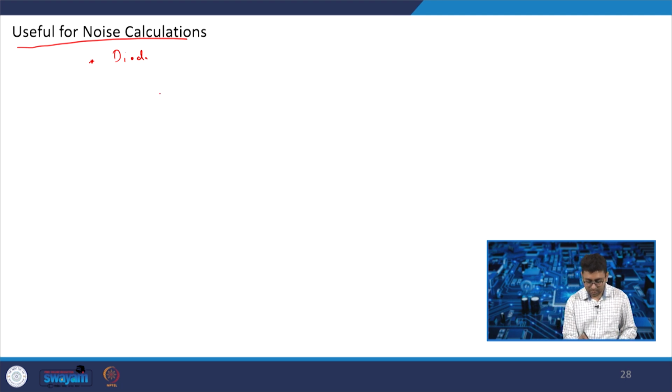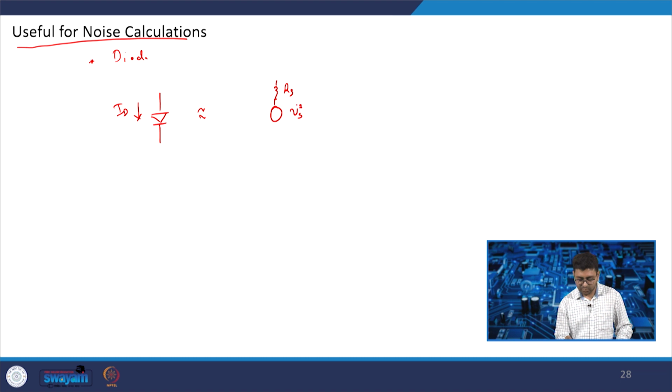If this is a diode and current ID is flowing, we can also model it. There is a series resistance Rs.